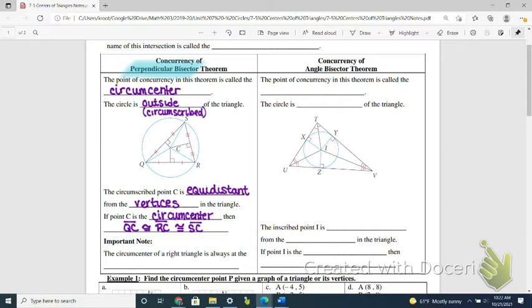So the circumcenter of a right triangle is always at the midpoint of the hypotenuse. Okay. And that is an always statement.